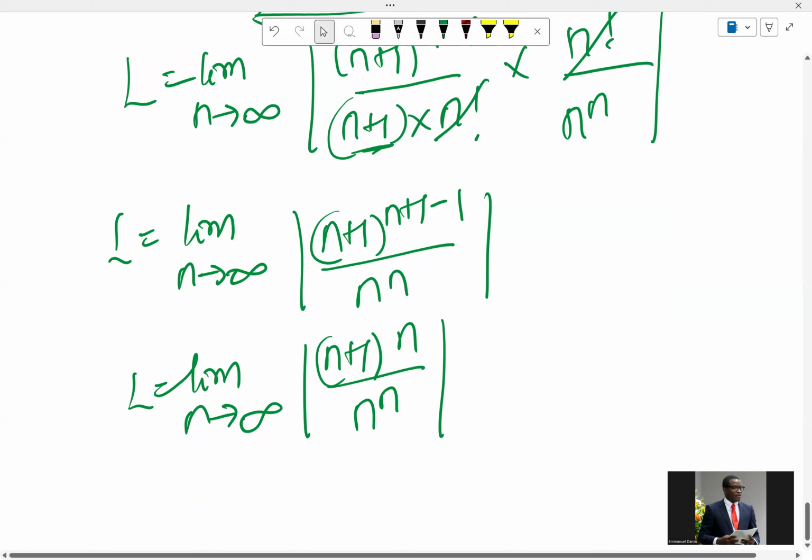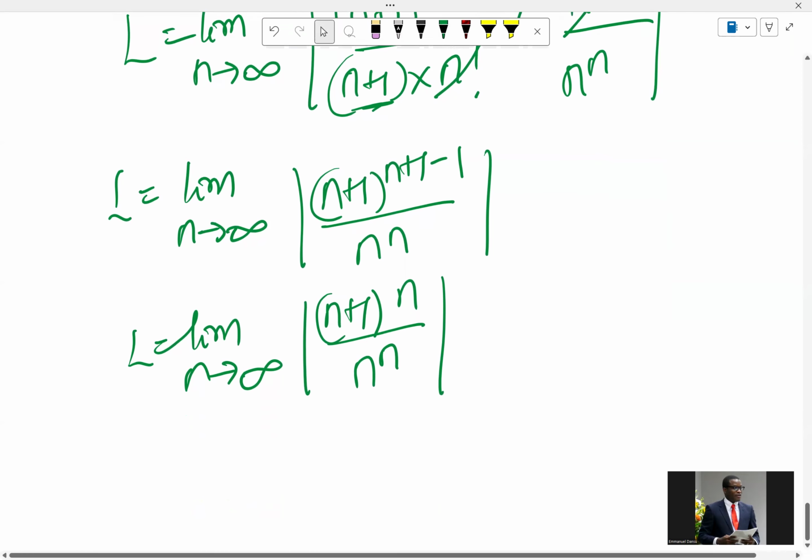And if you look at the whole of this, so our L here, by the definition of exponential, right? Our L, looking at this limit, is actually the same thing as the value E. That's 2.718.